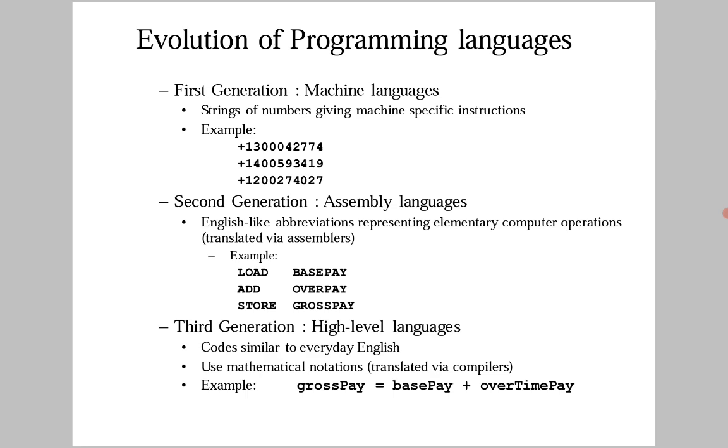They are called mnemonics, or codes. So in assembly language, that is in second generation computers, mnemonics are used to write programming code. Assembly language contains English-like abbreviations representing elementary computer operations, like commands.